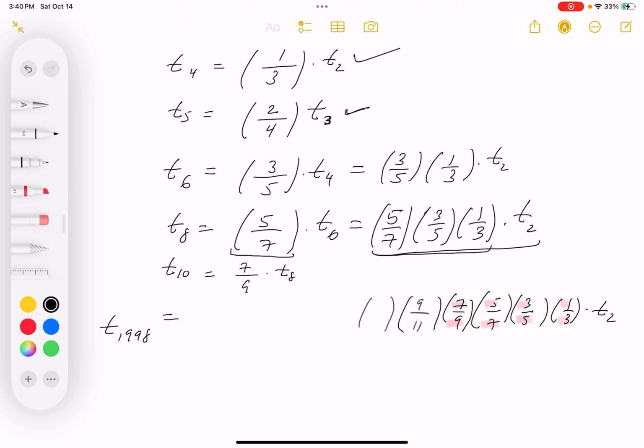And I could keep going backwards from that as well. Well, I'm going backwards. What am I doing? I'm basically counting up by 2 on each of them. 1 to 3 is up by 2, 3 to 5 is up by 2, 7 to 9 is up by 2, 9 to 11 is up by 2. Look at the bottom, 3 to 5 is up by 2, 5 to 7 is up by 2, 7 to 9 is up by 2, 9 to 11 is up by 2, 11 up by 2 is 13.